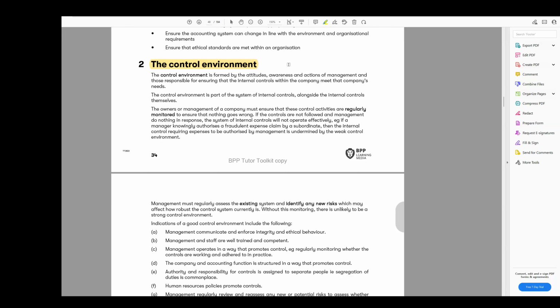The control environment is part of the system of internal control alongside the internal controls themselves. The owner or the management of the company must ensure that these control activities are regularly monitored and tested. So, for example, if something is not working, the management should take immediate action.